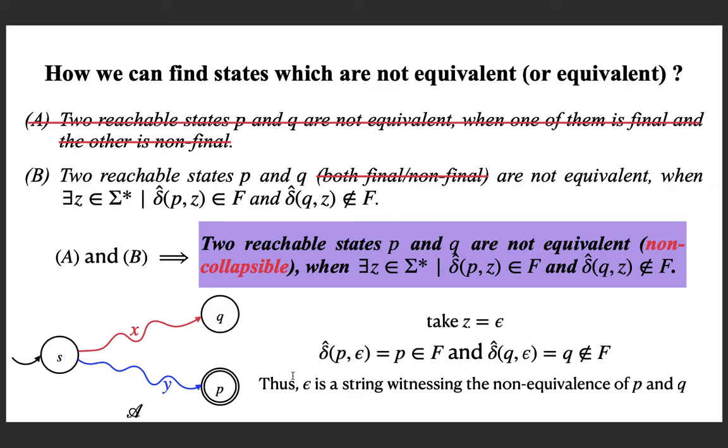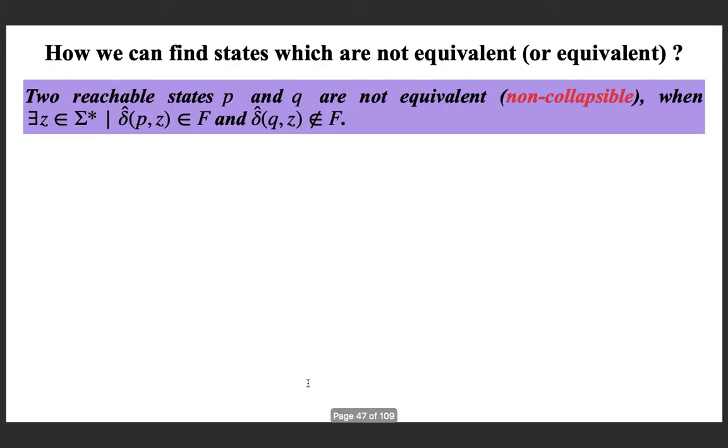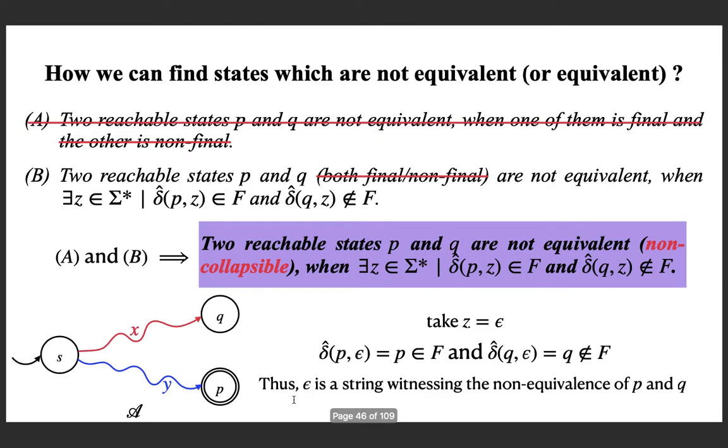I think it is clear. So this statement is enough, and you see that both final or both non-final is not required because this is a very generic statement. And the only other case is the first one. The first one is anyway handled by taking Z as epsilon.